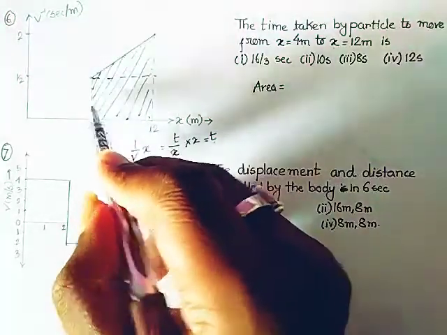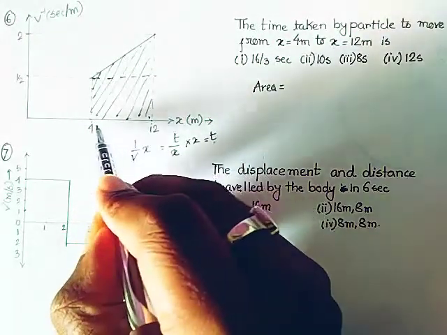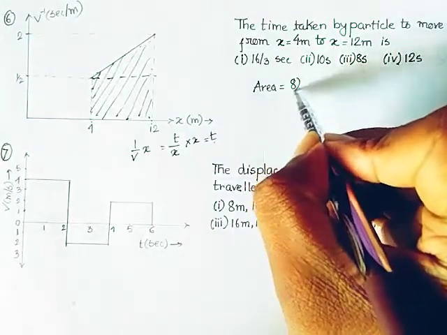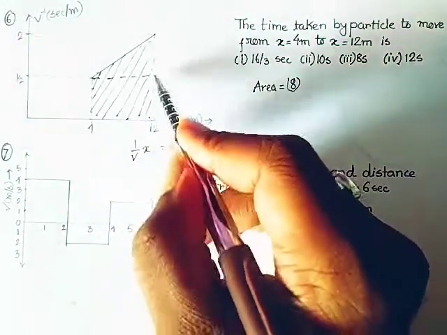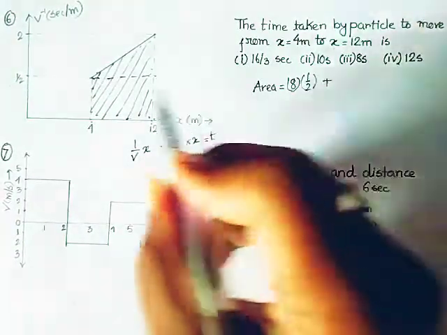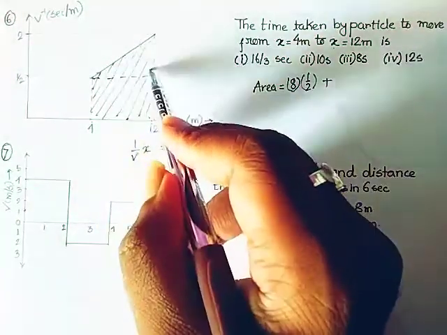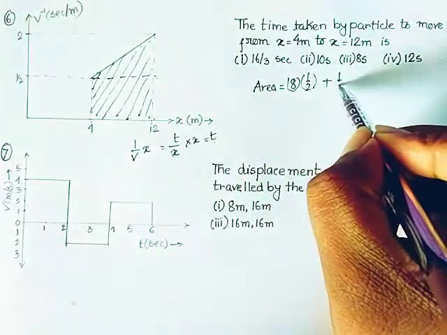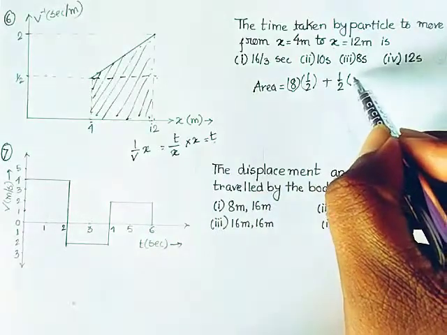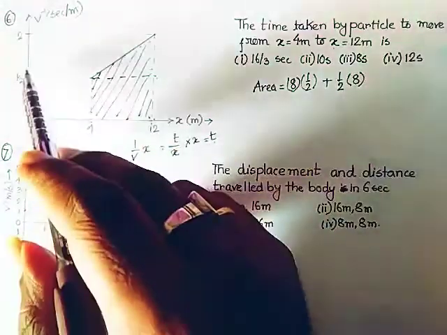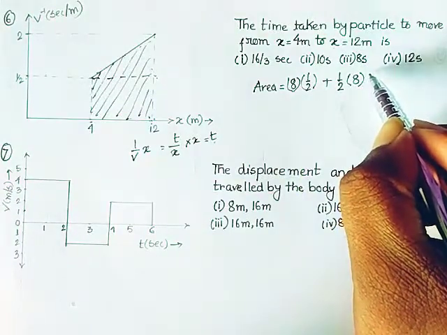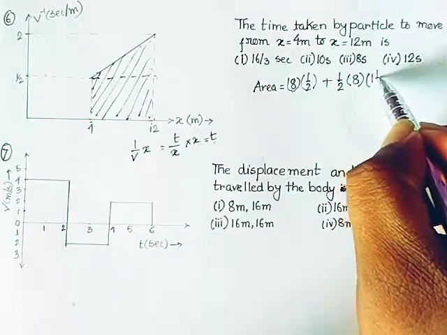For the rectangular section, 4 to 12 is 8, and the height is 1 by 2, so 8 into 1 by 2. In the triangular section, it is half into base into height, so 1 by 2. What is the base? The base is from 4 to 12, so it is 8, and the height is from 1 by 2 to 2, 2 minus half gives us 1 and a half.